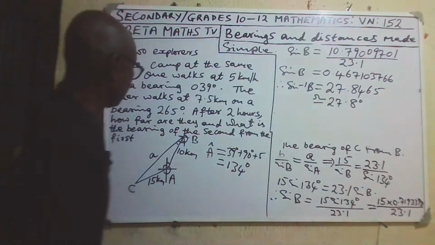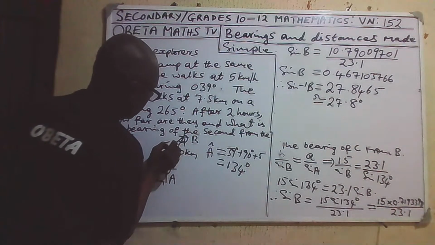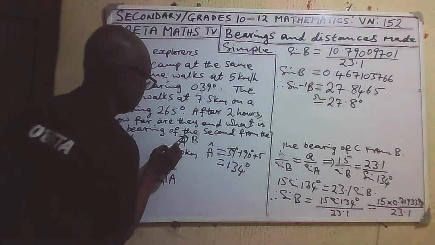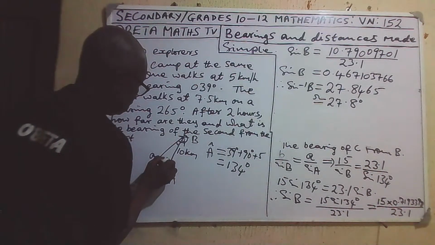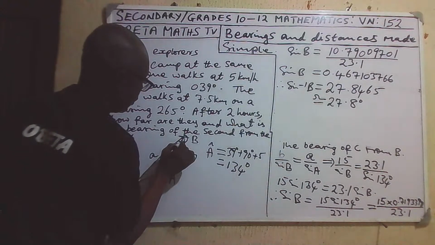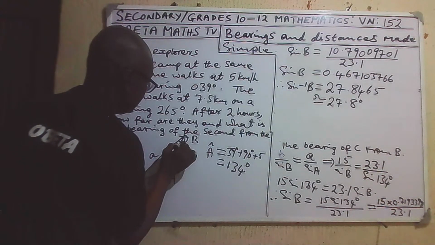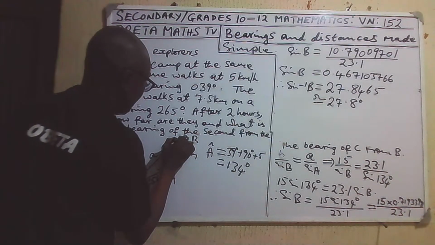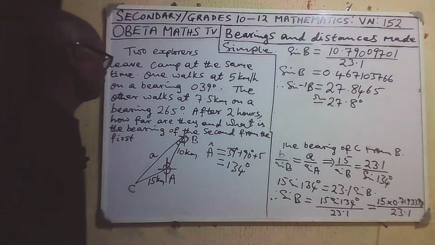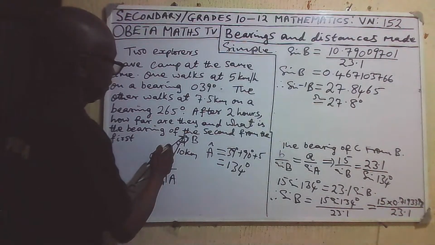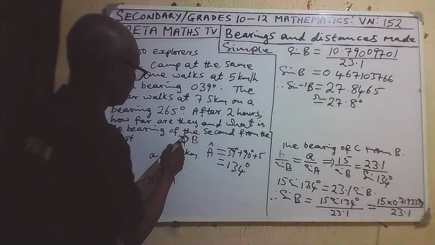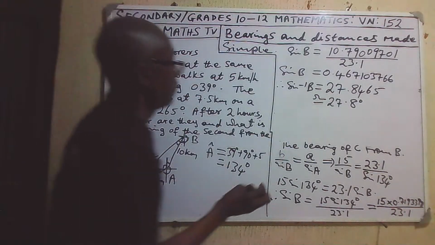So going back, as I said earlier, this angle is now 27.8, but this angle here is alternate to this. So this is 39, this is also 39. Then remember that you have to start from the north to the line joining B and C. So we have to add 27.8 plus 39 plus 180.